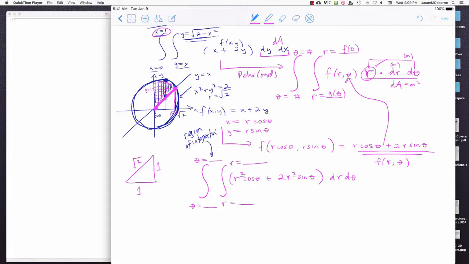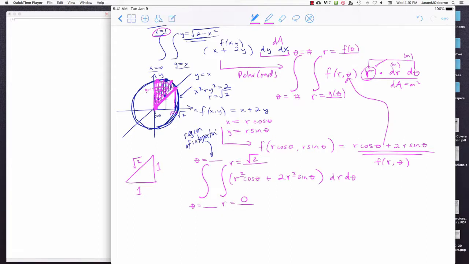If you move to this part of the region, the radius is square root of 2. No matter where you are inside of that region, the radius will always be a number between 0 and square root of 2. Square root of 2 is the biggest that the radius can be. So our radius will go from 0 to the square root of 2.